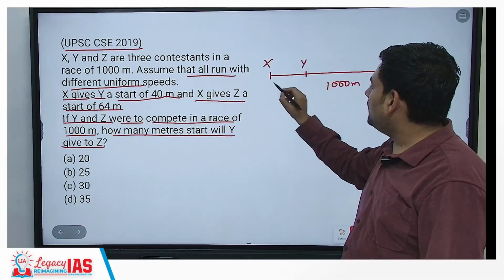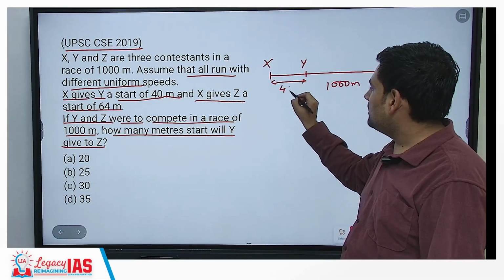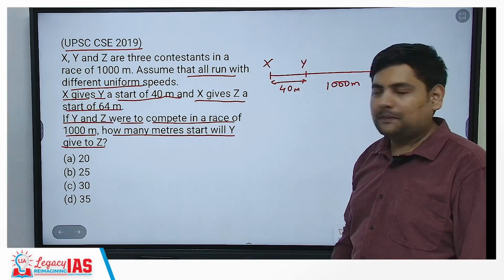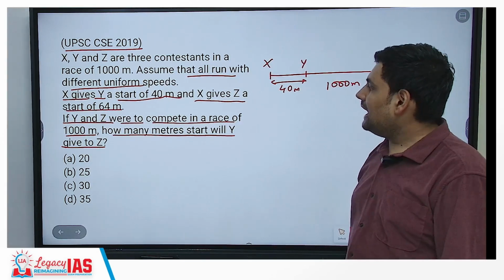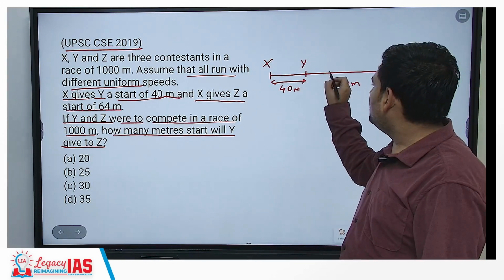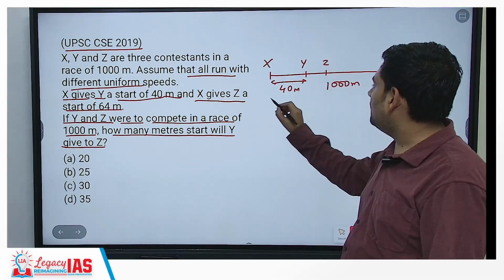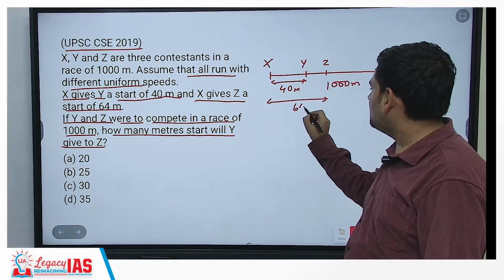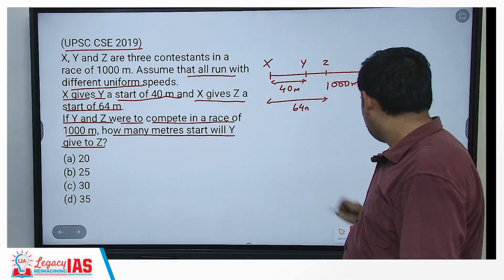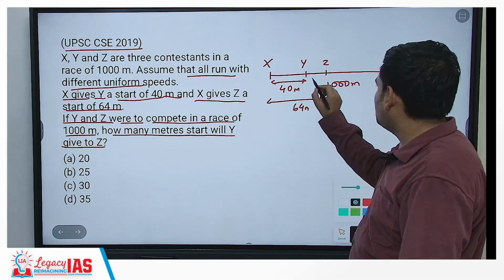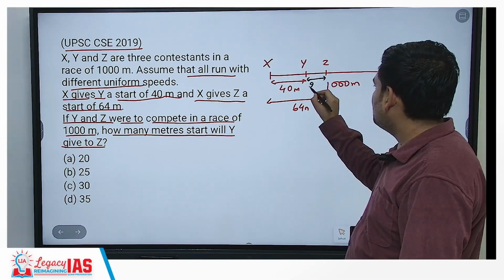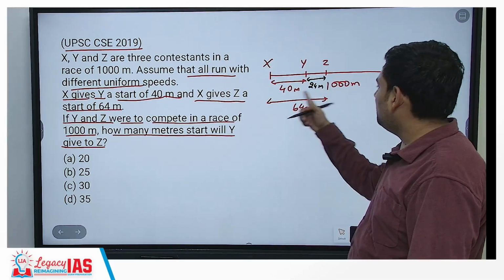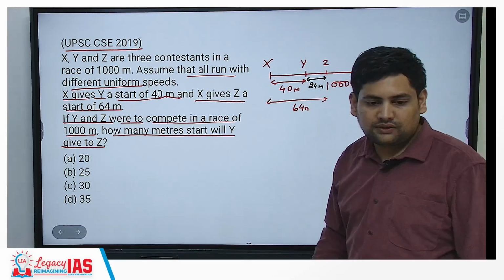Y will be here at some distance, that is 40 meters. Correct? Now, and X gives Z a start of 64 meters. So Z will be somewhere here and this distance will be what? 64 meter. Now you can also find this distance between Y and Z. This will be 24 meter. Correct? 40 plus 24 is equals to 64.